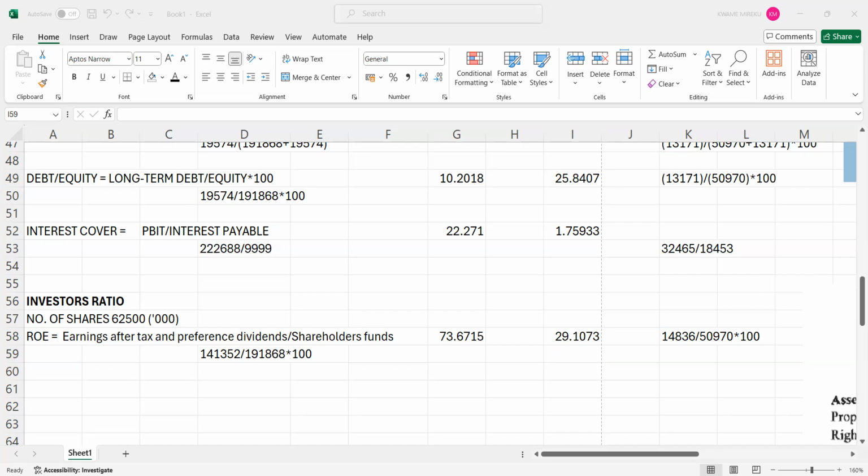Then the next one, we take up the dividend per share. That is the dividends payable over ordinary shares. Remember, this is the total earning they are making on your investments, but it's not everything that they pay to you as dividend. So what you actually get will be measured by dividend per share.